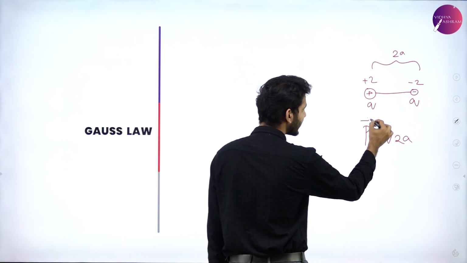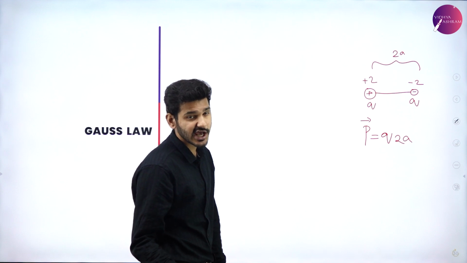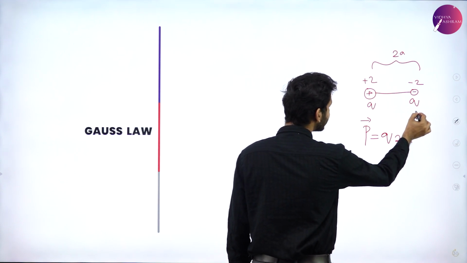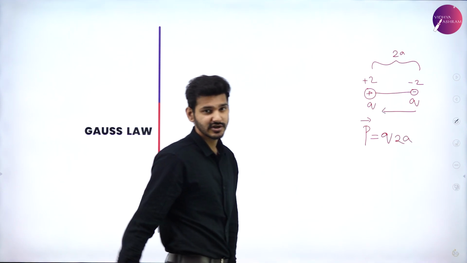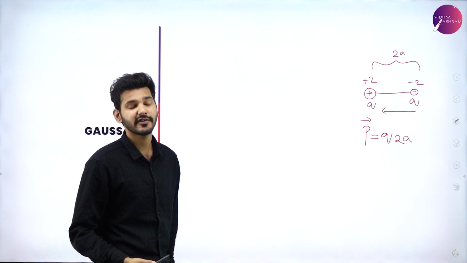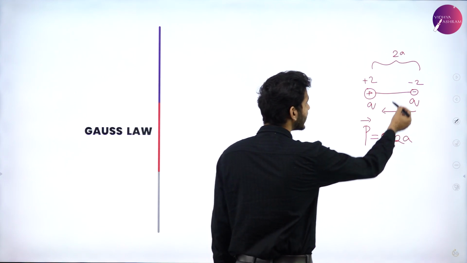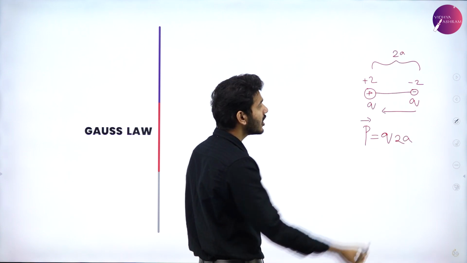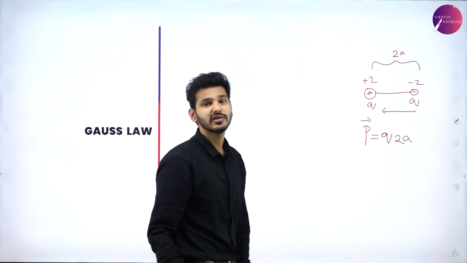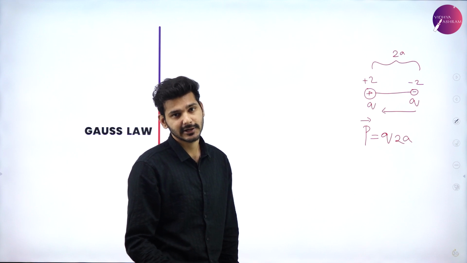This is a vector quantity, and the direction of the dipole moment is from negative q to positive q. These are the things we knew, and we found out what happens when we select a point along the equatorial plane or the axial points, and what the electric field will be there.